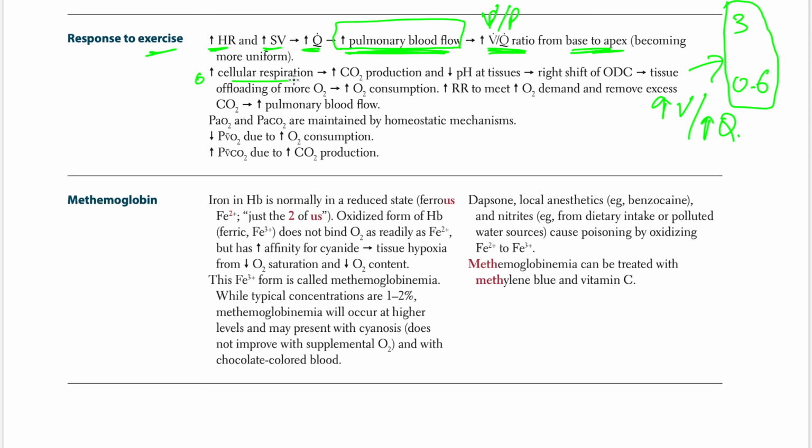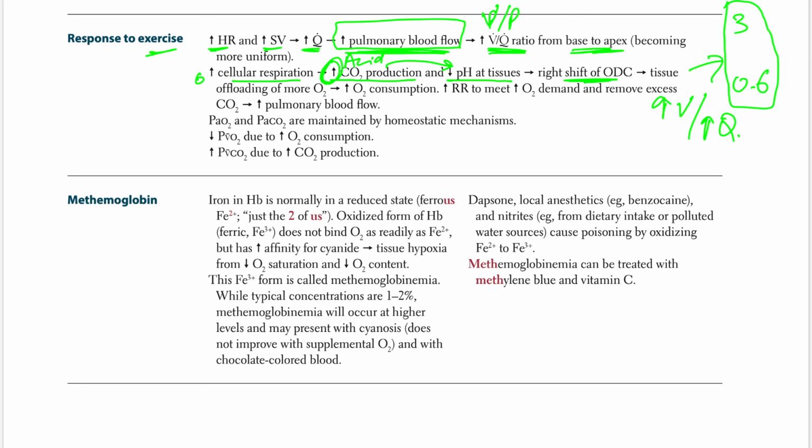Increase in cellular respiration will cause an increase in CO2 production and a decrease in pH at tissues, which would cause a right shift of the ODC. Again, this is the byproduct of increase in CO2 because this is acid.